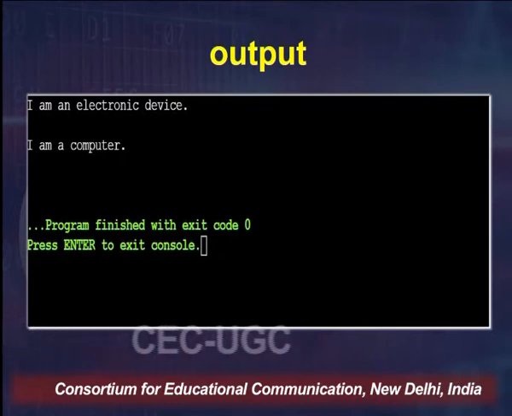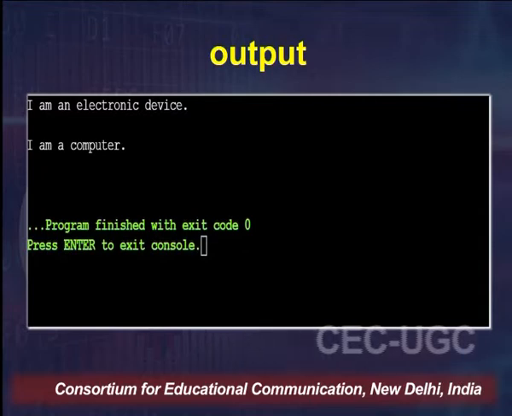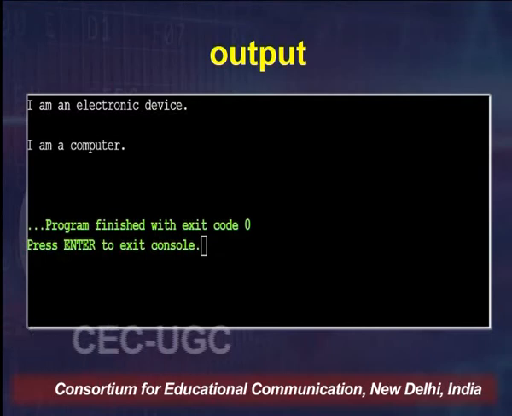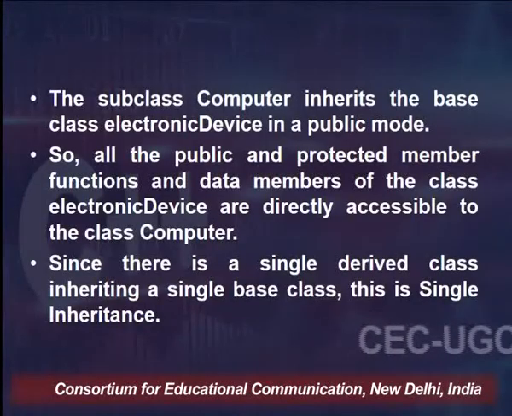It is calling both constructors: the constructor taken from the base class, which is electronic device, and obviously its own constructor also, which is named computer. So the sequence is first the base class and then the derived class constructor being called. This is what actually has happened in the whole scenario.